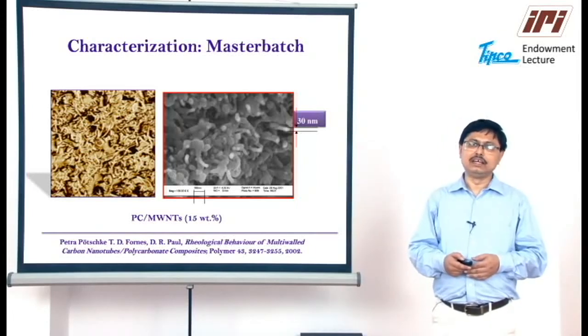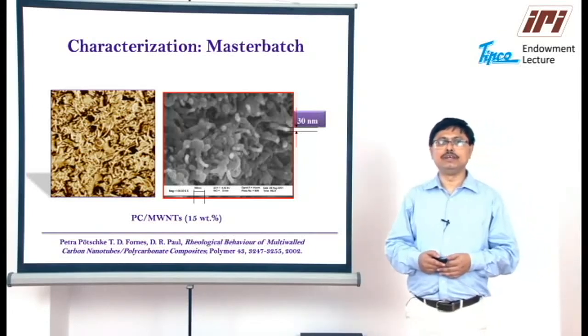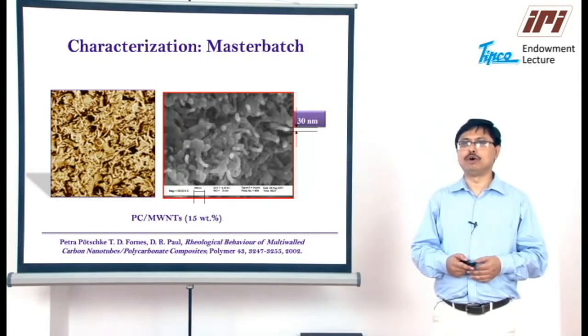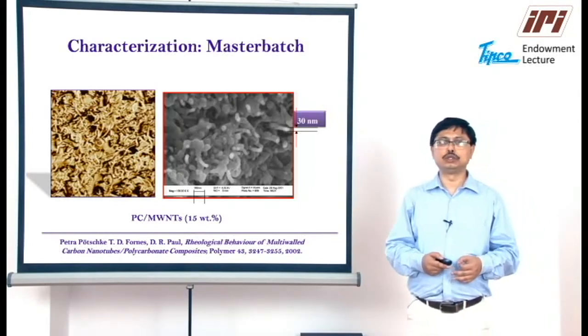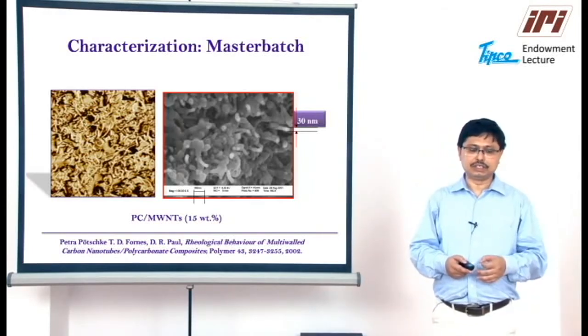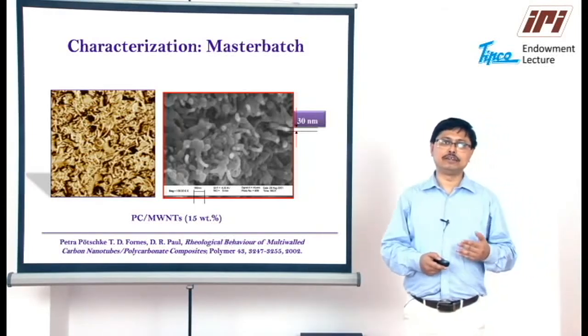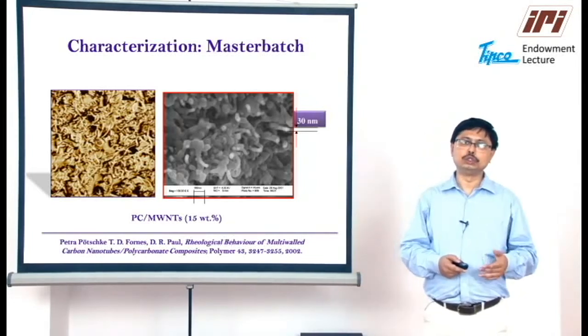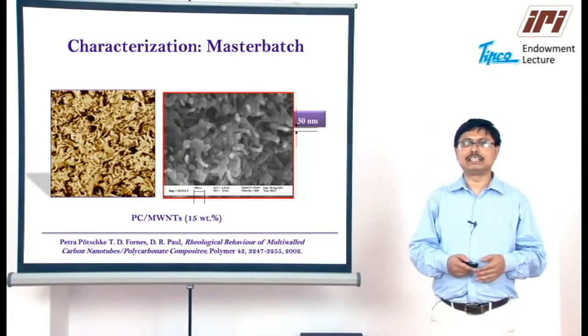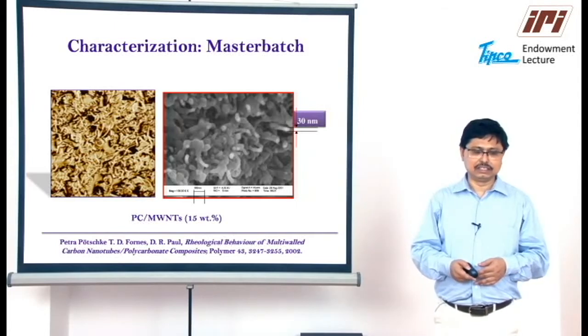Subsequently through ACM microscopy, one can also find that there is a thick layer of polymer on the nanotube surface, showing almost 30 nanometer final diameter, whereas the nanotube diameter was close to 20 nanometer. That shows polymer nanotube interaction in these composite materials.